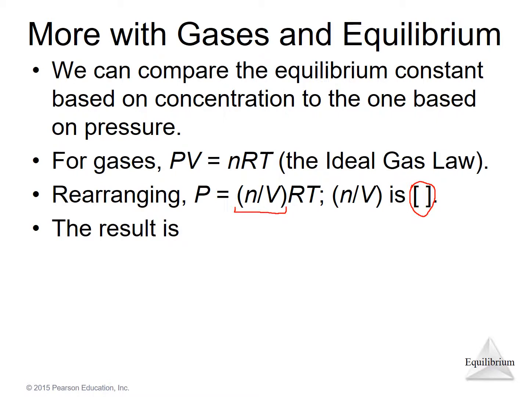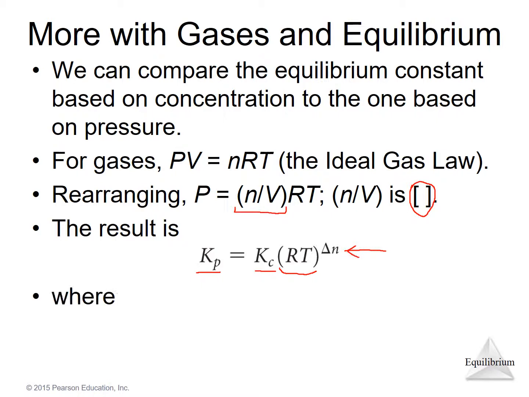And when you consider that for reactants and products, we won't fill in the details, but the pressure equilibrium constant is equal to the concentration equilibrium constant times RT raised to the delta n power. Now what's delta n?